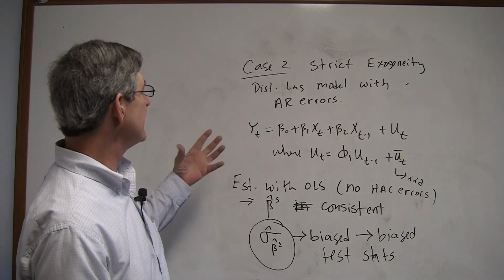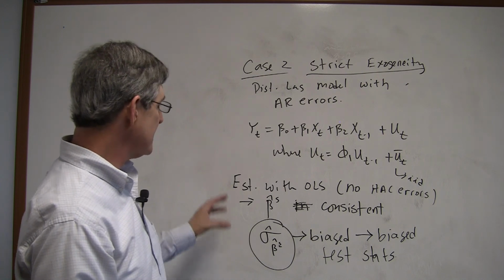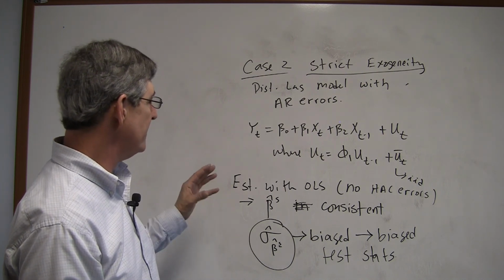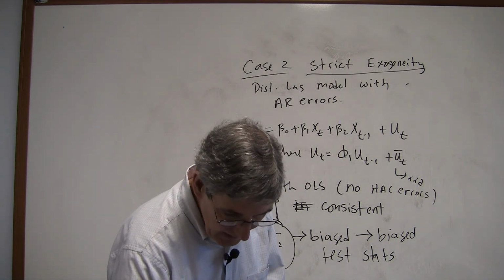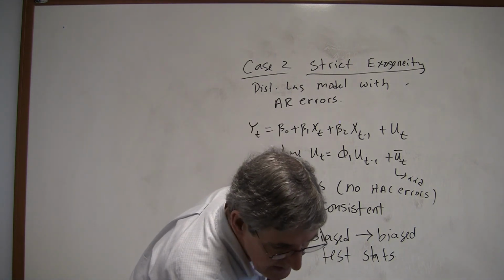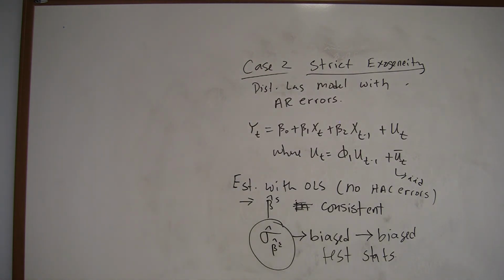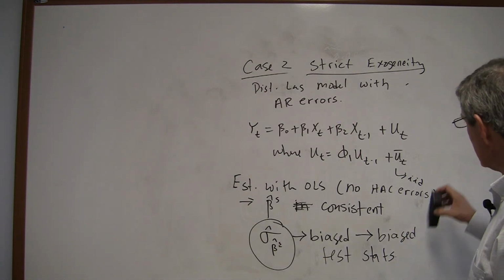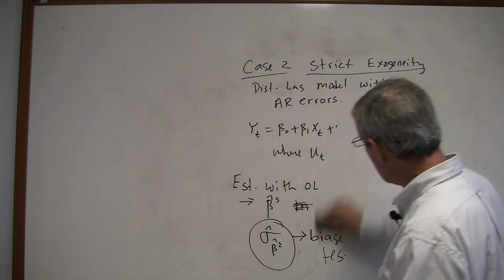But if we have strict exogeneity like we do here, a better way to take care of it is going to be with this GLS technique, to find a transformation that takes care of it. And so we're going to try to get rid of the serial correlation problem, which is causing the bias in the test statistics and bias in the standard errors, through a transformation.